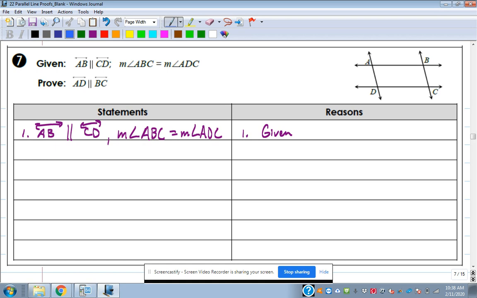Maybe I want to use that angle since it's one of the givens, and tell me what angle it is also maybe congruent to or supplementary with. We got all of those things here to use. So ABC, let's start with that angle. Angle ABC is what? And we remember we want to get over here to get AD is parallel to BC.